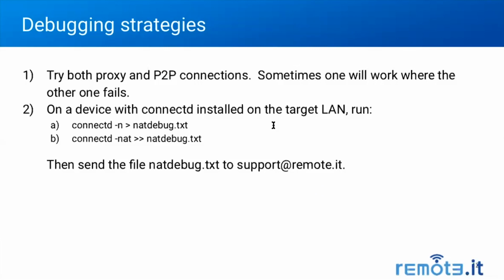And then also on a device that has the connectee package installed on the target LAN, you can run these two commands, and this will use the connectee daemon that's installed on the device in somewhat of a diagnostic mode to perform an analysis of the firewall and that writes information into a little text file, and then you send us that text file.